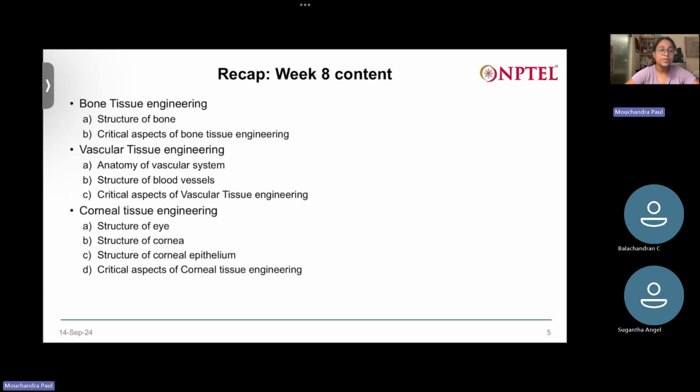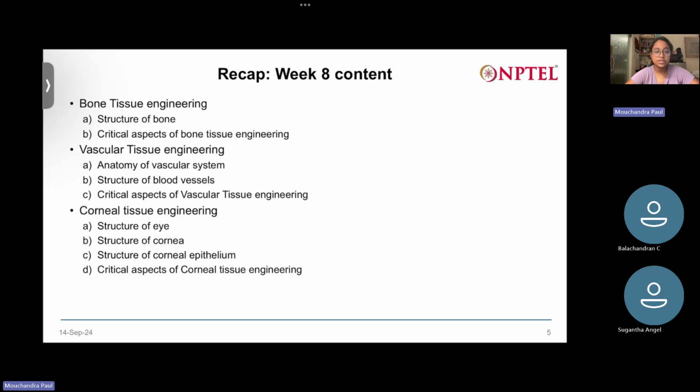We discussed that. Similarly, for vascular tissue engineering, we discussed the anatomy of our vascular system, the hierarchy, how the blood vessels are present from the aorta to capillary sizes, and the individual structure of the blood vessels.